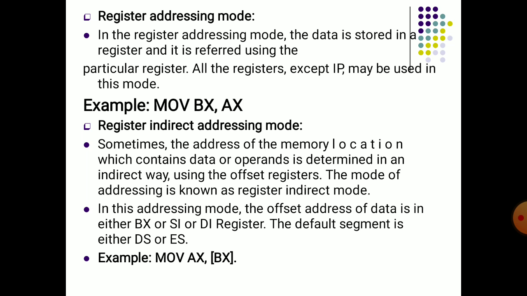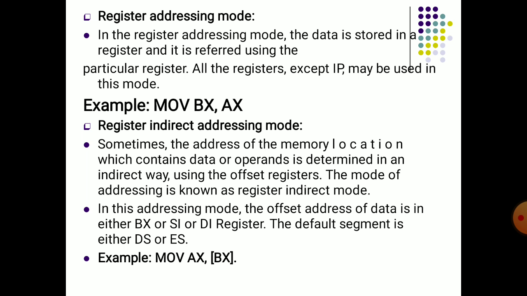Next addressing mode is register indirect addressing mode. It means the address is given indirectly in the register. That's why it is called register indirect addressing mode.